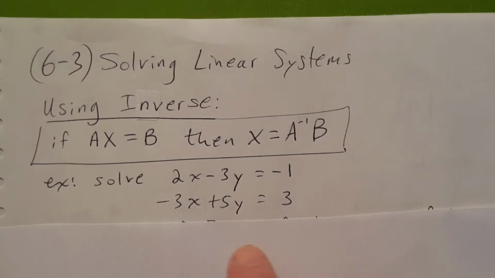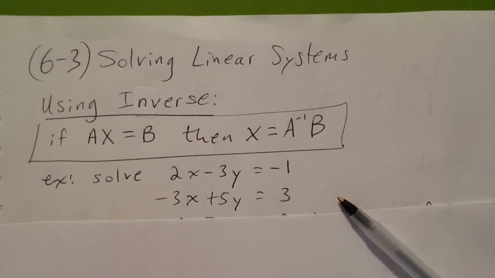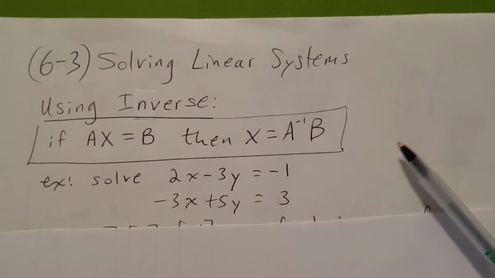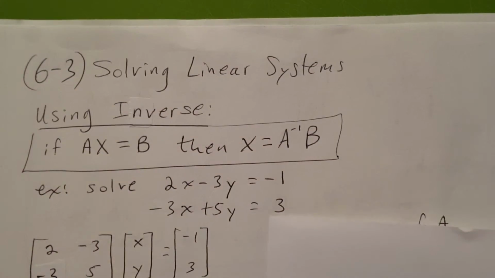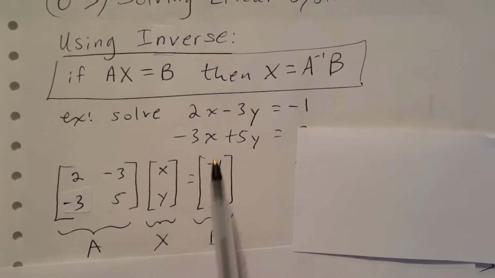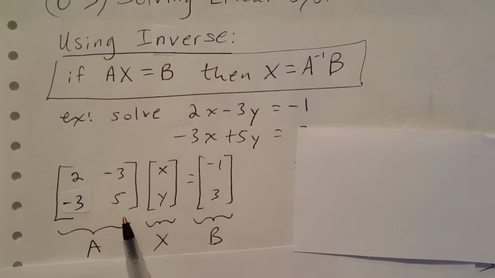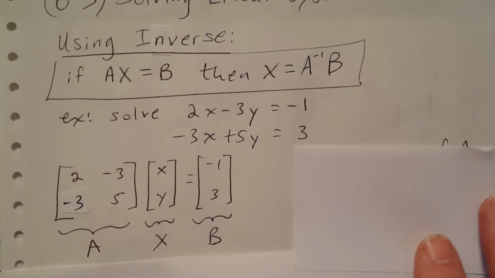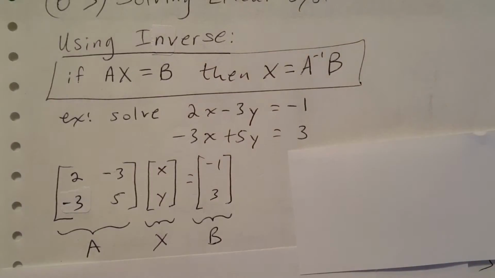Here's my system of equations. I can change that to this. So this left side becomes 2, -3, -3, 5. The variables are x, y, and they're equal to -1, 3.